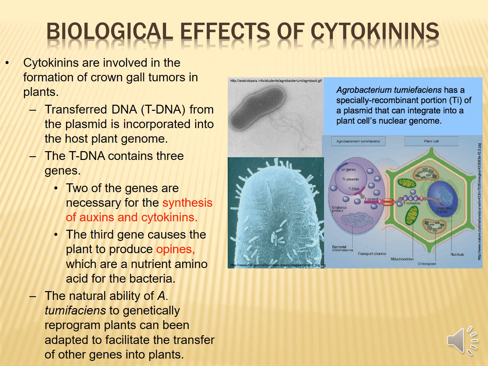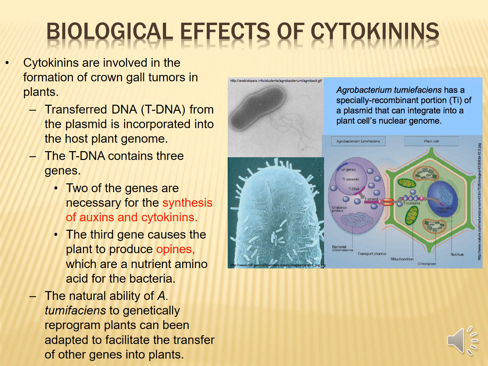And this tDNA contains 3 genes. For your information, why in this part you learn about the function of the cytokinin in gall tumor production, is because in the tDNA, they contain 3 genes, of which 2 genes are necessary for the synthesis of auxin and cytokinin.